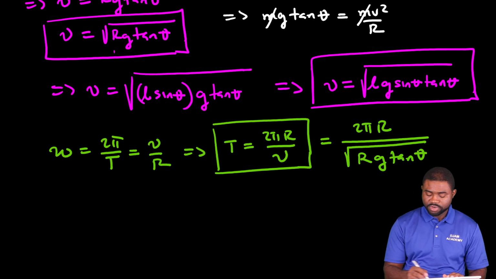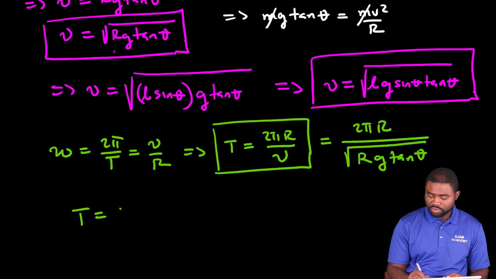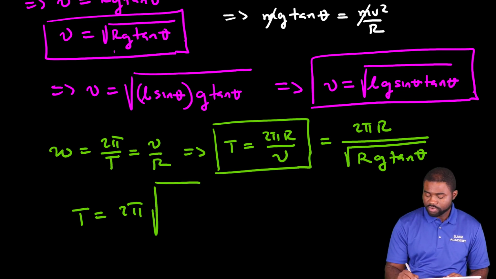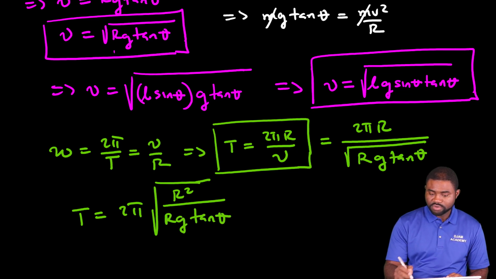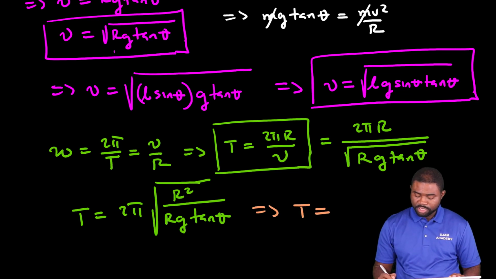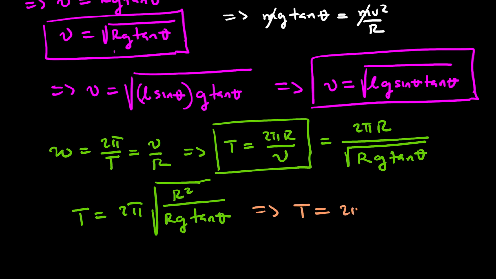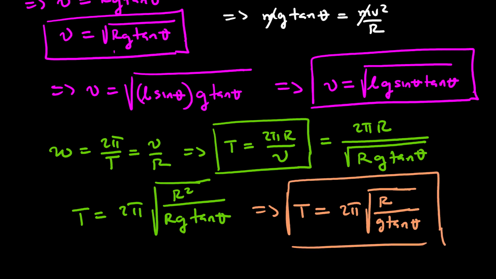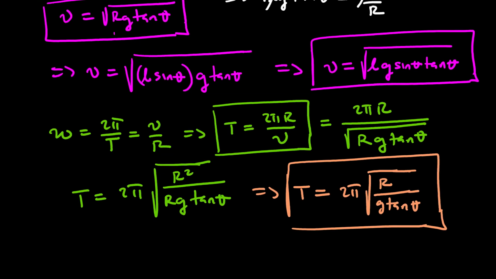If we want to simplify, T will be equal to 2 pi the square root of r squared divided by rg tangent of theta, which implies that T will be equal to 2 pi the square root of r divided by g tangent of theta. This is the expression for the period of rotation of the ball.